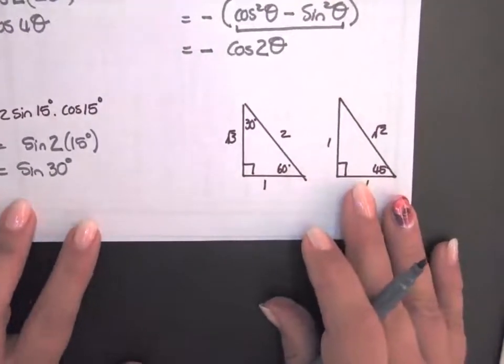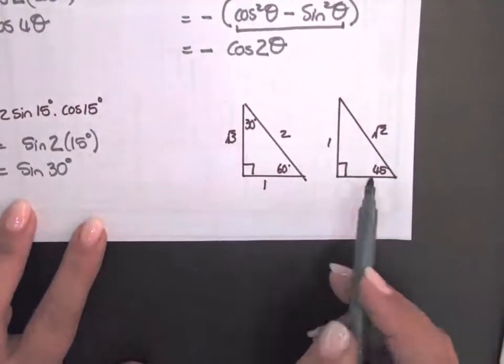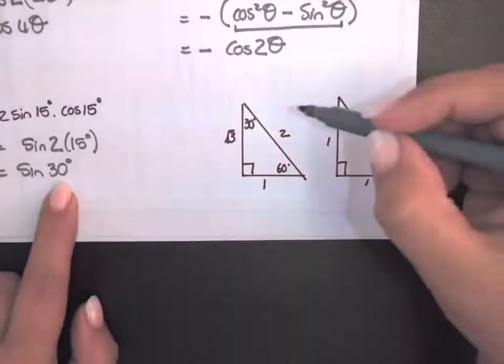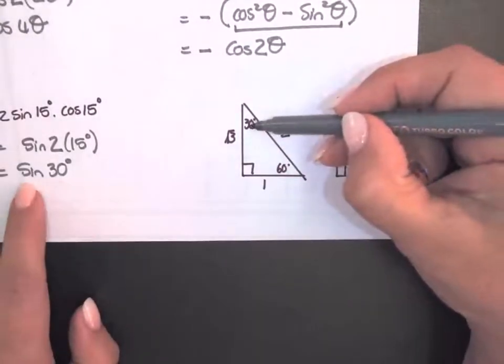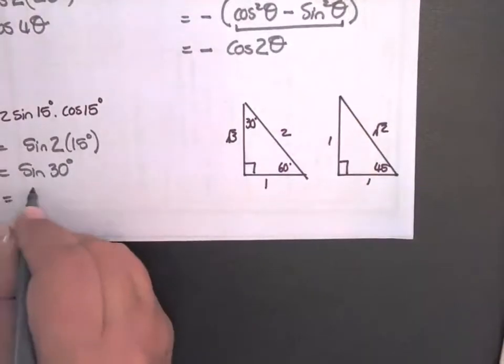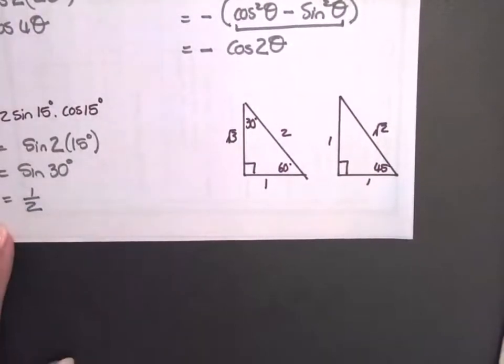If you have to do it without a calculator, you need to draw your special triangles. 30 degrees is here at the top. Sine is opposite over hypotenuse, so it will be a half.